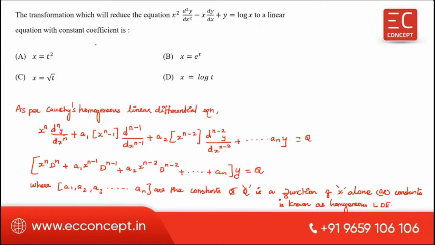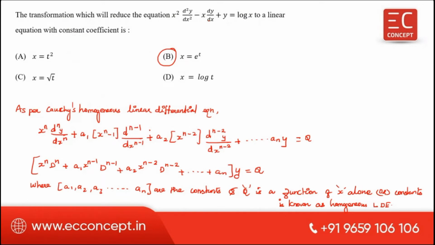That is the transformation that we used. As per this Cauchy's homogeneous differential equation, to solve this equation we have to transform it by putting x equal to e power t. The answer is very simple, but we need a procedure.